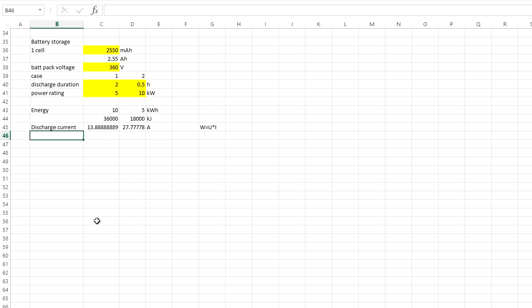Now what is the required battery capacity, where the capacity is measured in ampere hours? So we have the current, we have the duration of the discharge, ampere times hours, we get ampere hours.